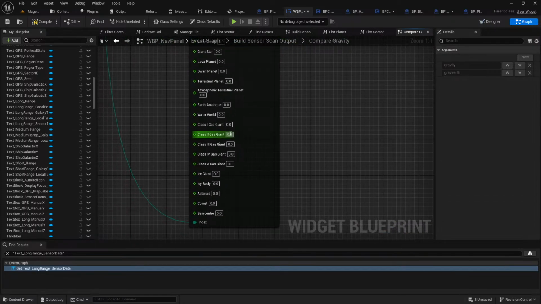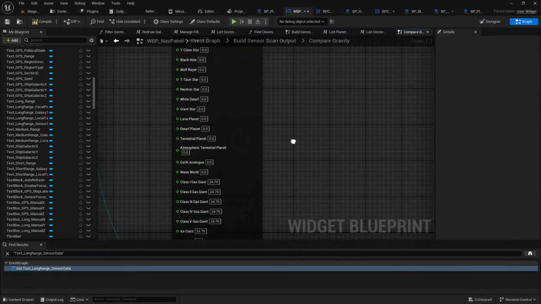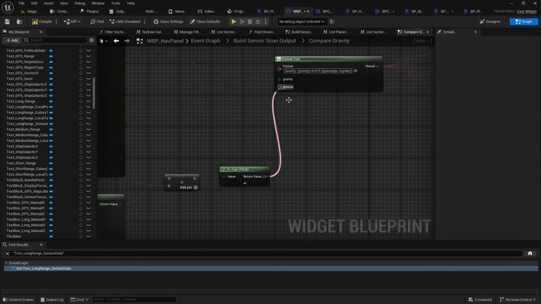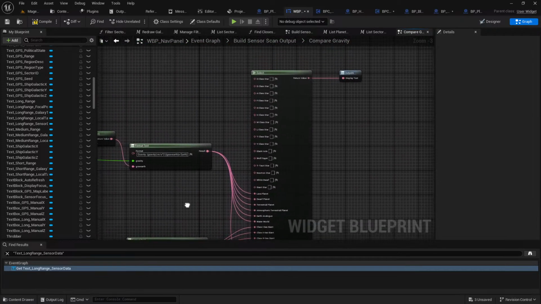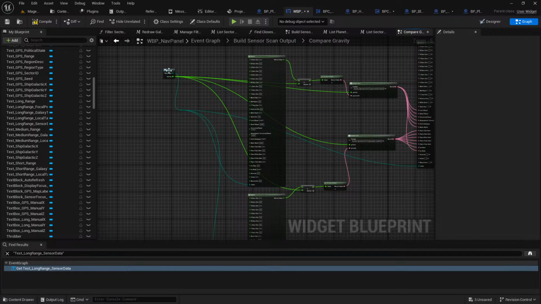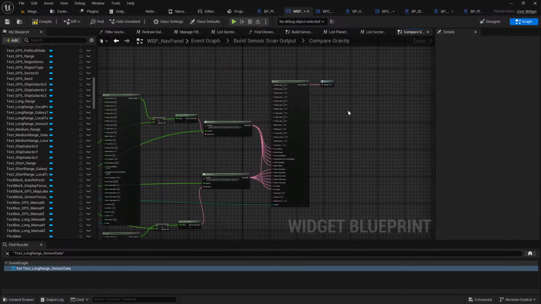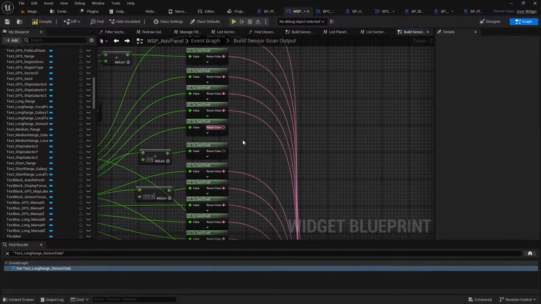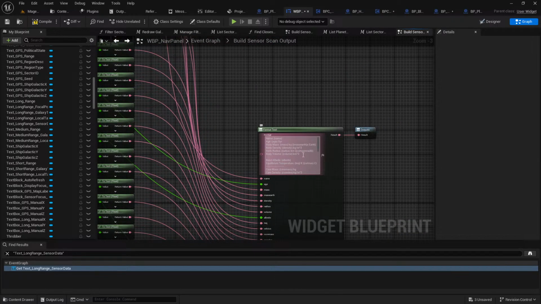These ones, we just need to fill in the gas giants with Jupiter's gravity. And that should give us our ugly but functional output. We just need to put in do.